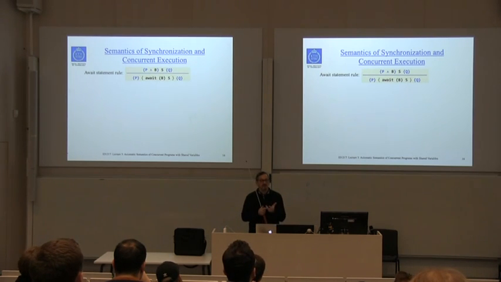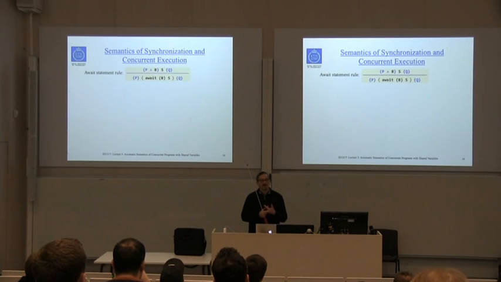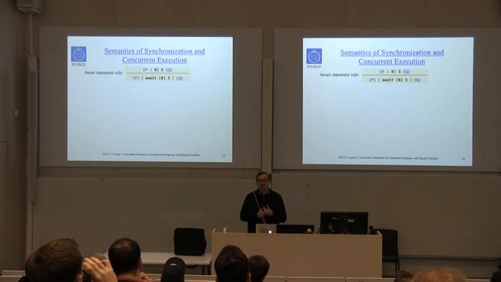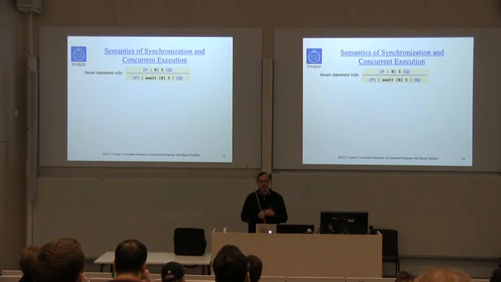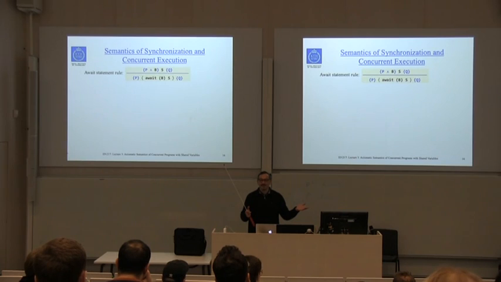So again, to remind you, we have assignment, we have sequential execution, the semicolon composition rule, we have the if statement, without else, but it's okay, it's general enough. We have the while loop, also general enough, you can express a for loop through a while loop. And it's enough, right, to write your program. We don't need goto.